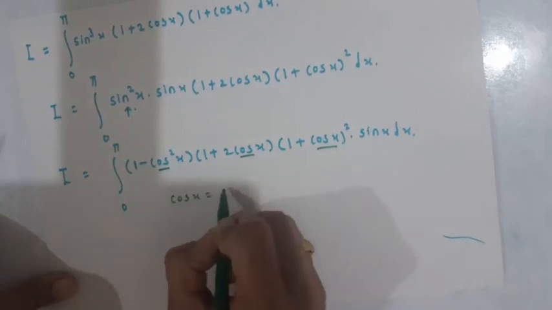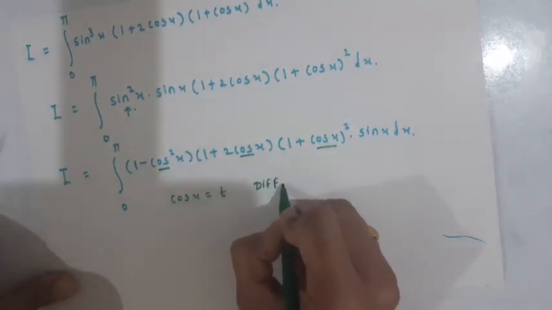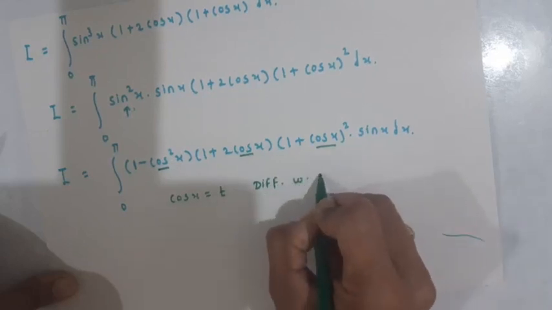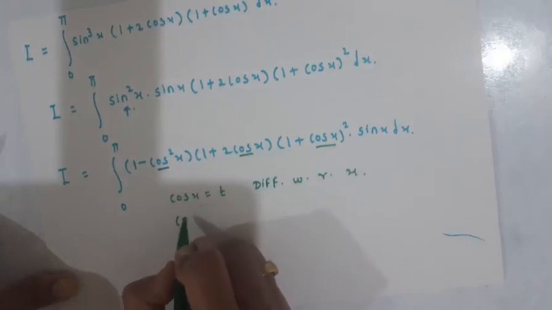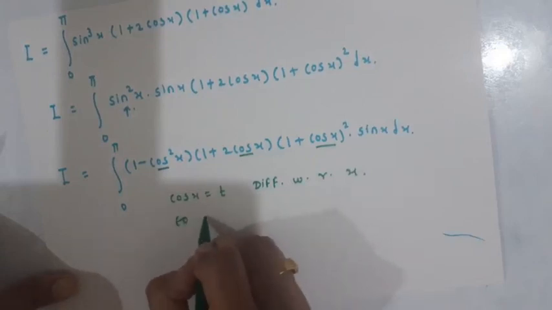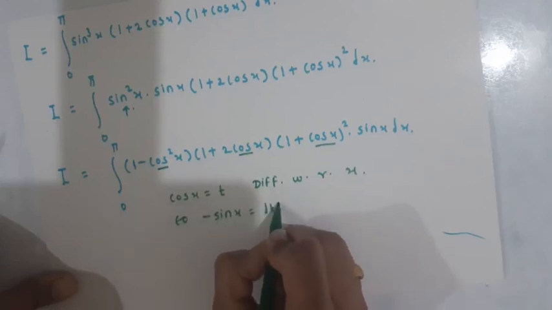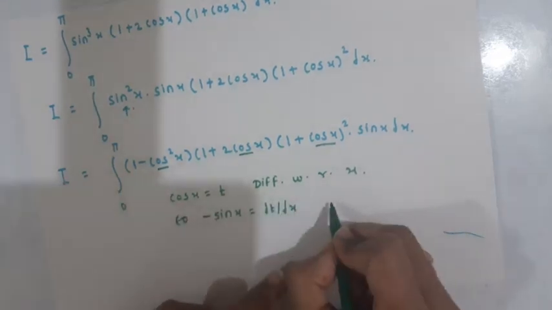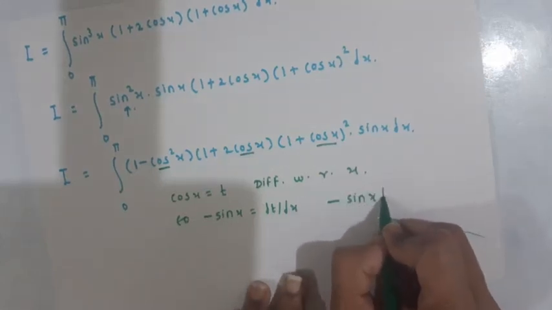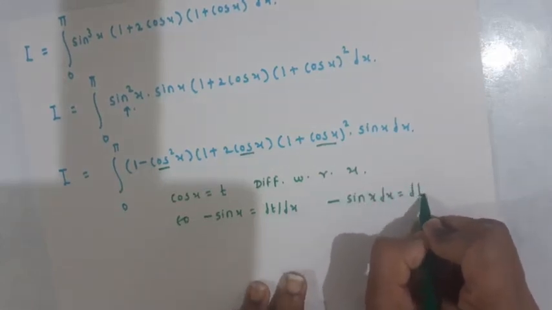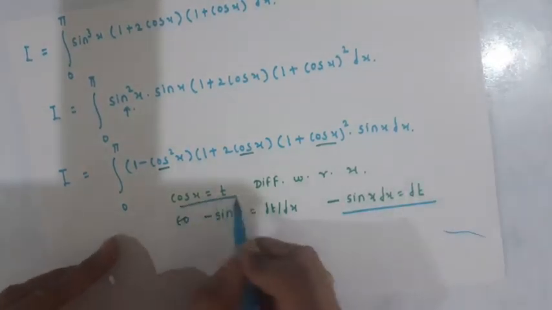Therefore cos x equal to t, differentiate with respect to x, we will get differentiation of cos x is minus sin x equal to dt by dx, and therefore minus sin x dx equal to dt. Okay, and in this way we can simplify.